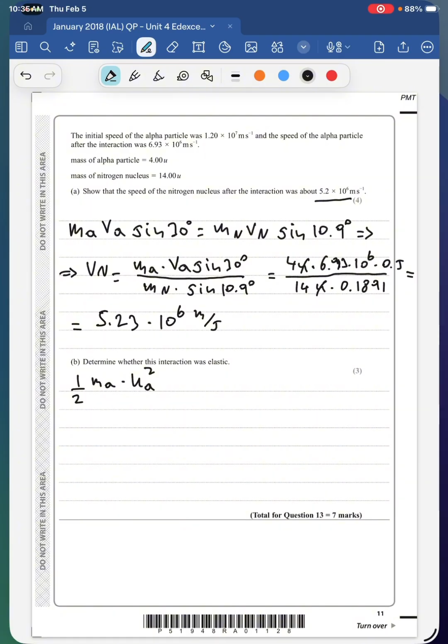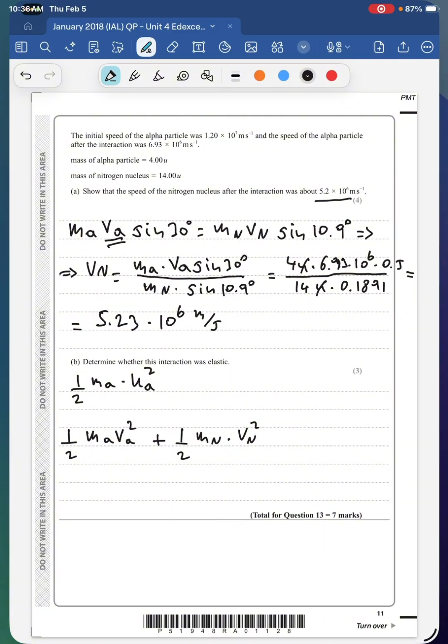And the final kinetic energy of this system is 1/2 the mass of the alpha particle times its final velocity squared, which is the one we used up there, plus 1/2 m_n times v_n squared, and v_n is the velocity we just found.